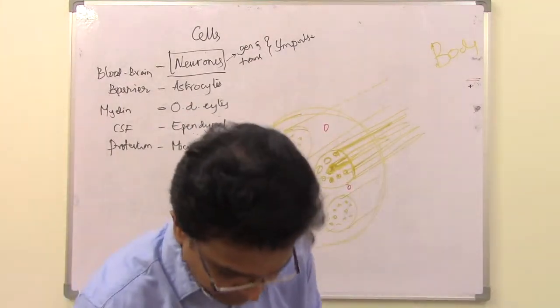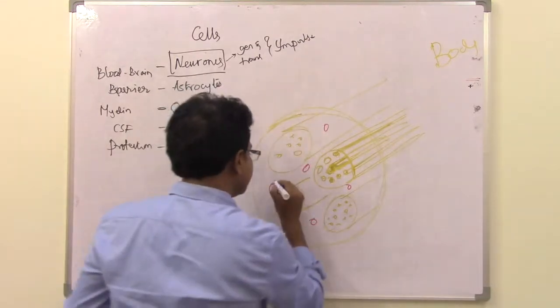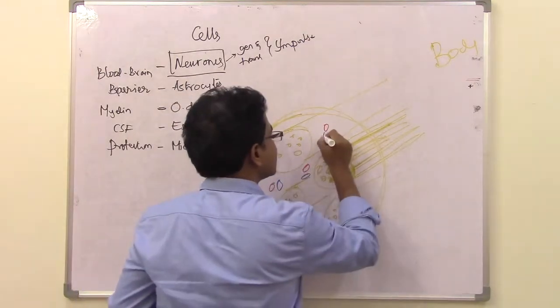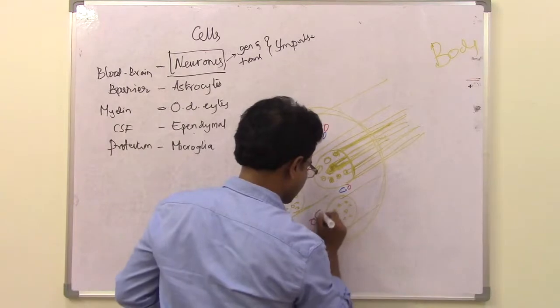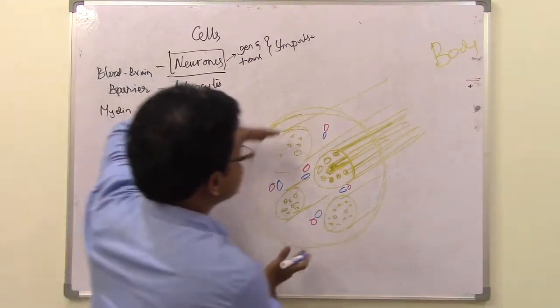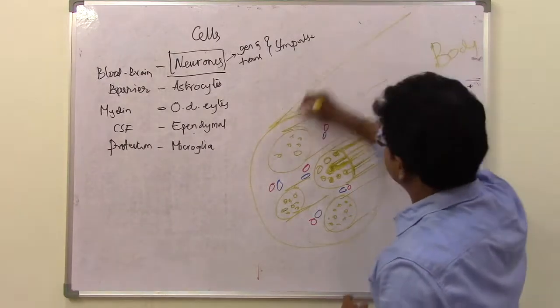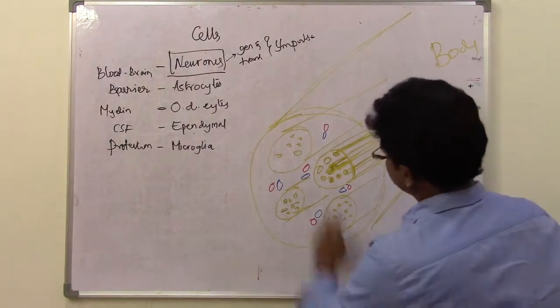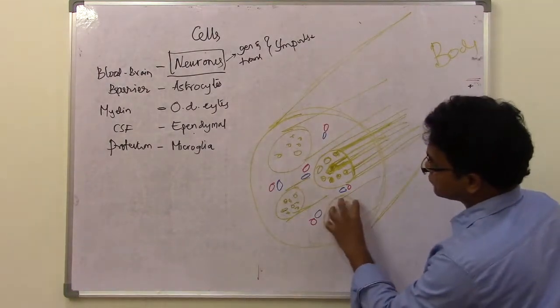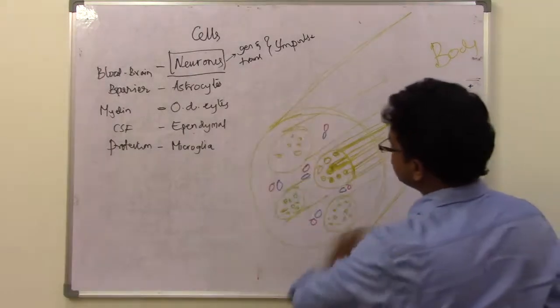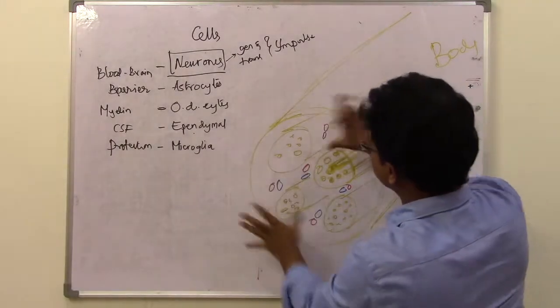Along with an artery, what should be there? A draining vein. This is a draining vein. This is the structure of a big nerve. It is made up of axons. Axons form small bundles, and finally this forms a big nerve supplied with blood.